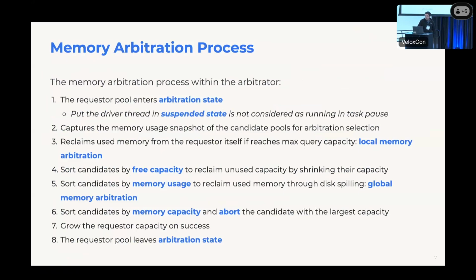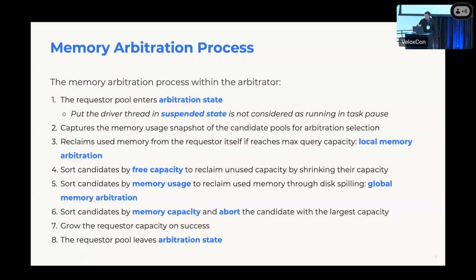If there is no free capacity or not enough capacity in the arbitrator, then we go with global memory arbitration, which sorts all the candidate pools based on reclaimable memory and reclaims the used memory from the candidate pool with the most memory usage.